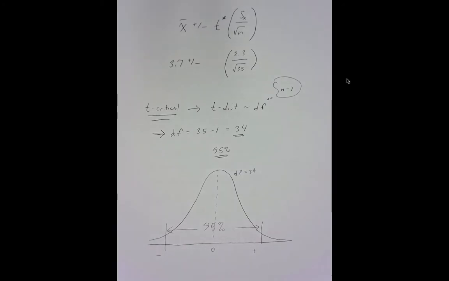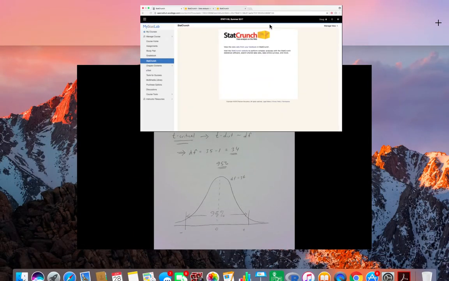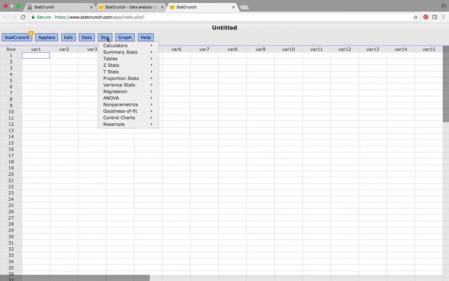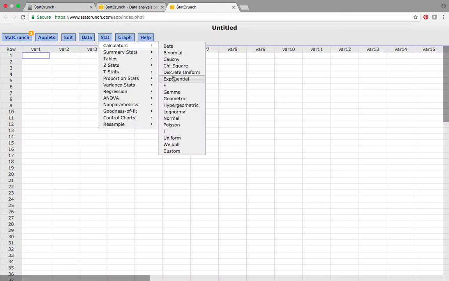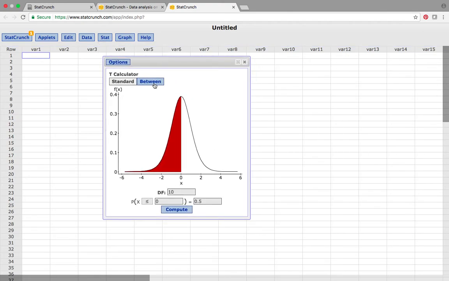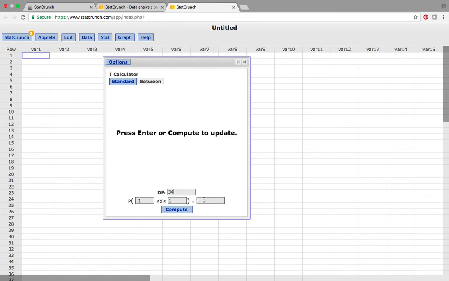How do we do that? Well, we're going to use StatCrunch. Guys, it's very easy. Go to Stat, go to Calculators, but instead of stopping at Normal, go on down two and go to T. Guys, we want Between. Our degrees of freedom are 34. We want the area between the two values to be 0.95.